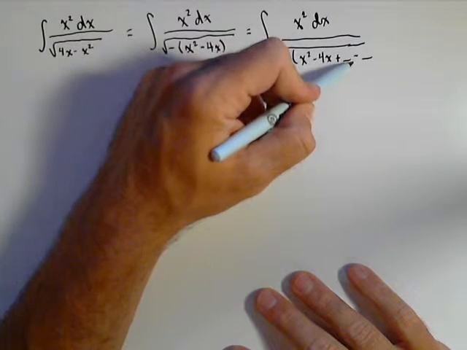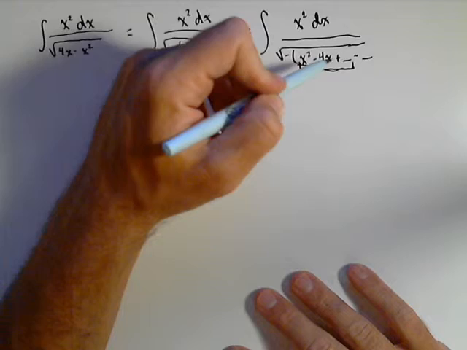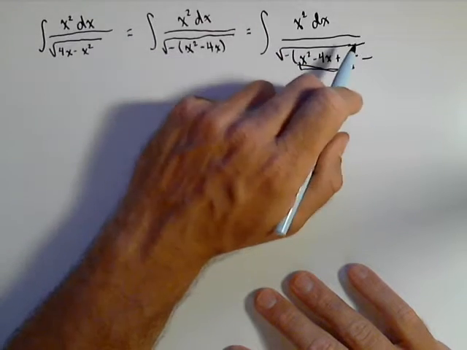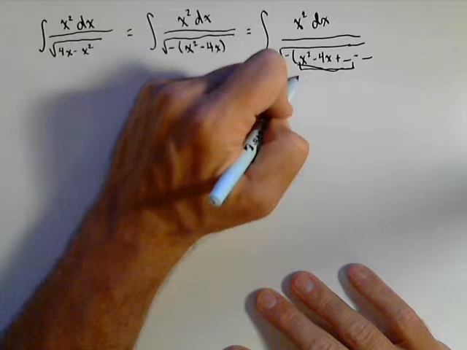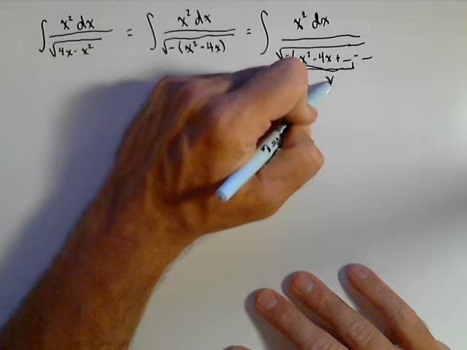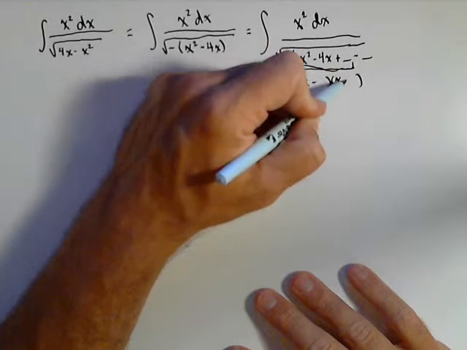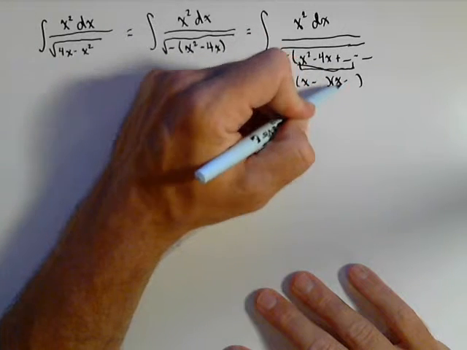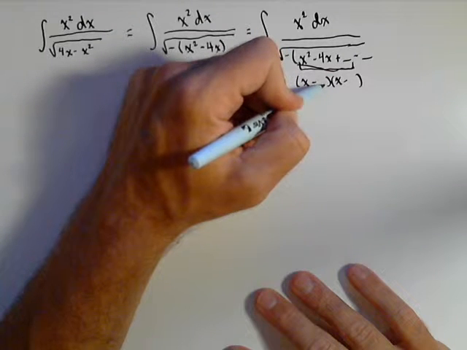Now what we need is for this part here to be a perfect square. In other words, it's going to factor into two identical factors. Now remember how that works. If we have two identical factors there, they're going to look like this. They'd both be minus because of the minus 4. This would get multiplied by here, and this would get multiplied by here.